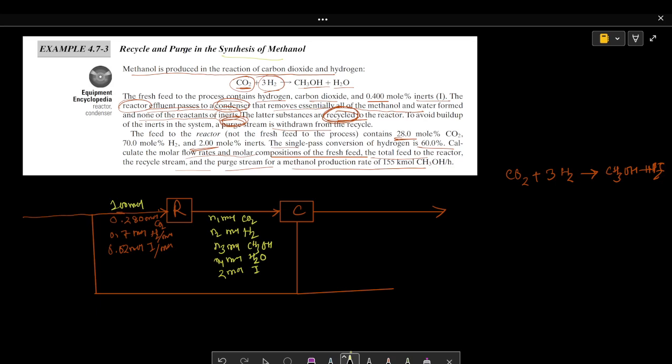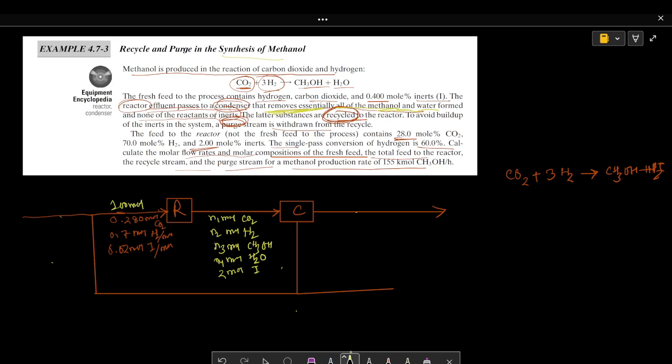So we just identify the two streamlines. One is the feed to the reactor and the other is the product of the reactor. There are also some other streamlines here, so you have to identify these streamlines. The question mentions that the effluent passes through the condenser that removes essentially all of the methanol and water formed and none of the reactants or inerts.